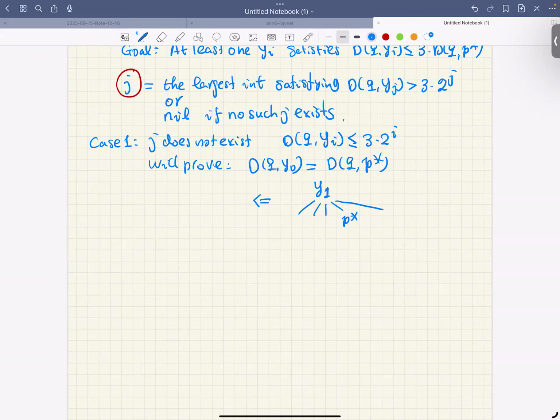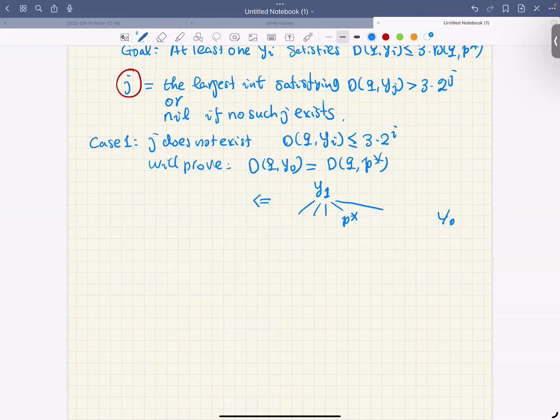Well, by definition, P star definitely belongs to Y0, because I told you before, Y0 is a very special level. Every point in the data set belongs to Y0, right? So I have to show you that there is an edge from Y1 to P star, so that P star is a child of Y1.